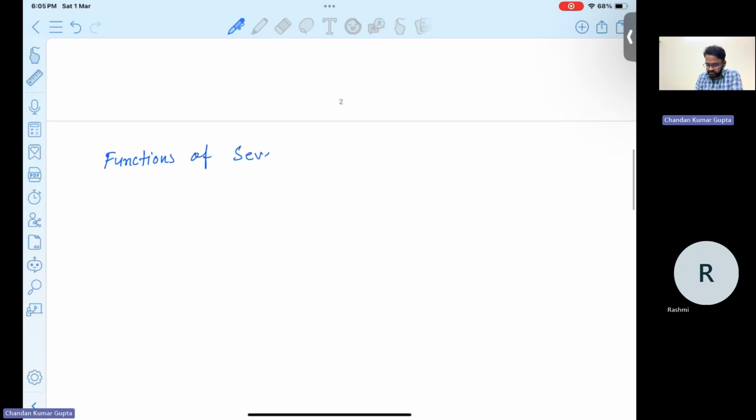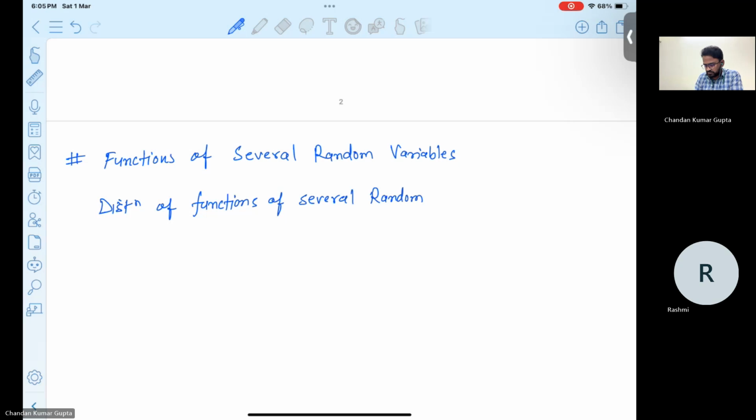Functions of several random variables, in which we will discuss the distributions of functions of several random variables, some important results related to these distributions, and more important results.